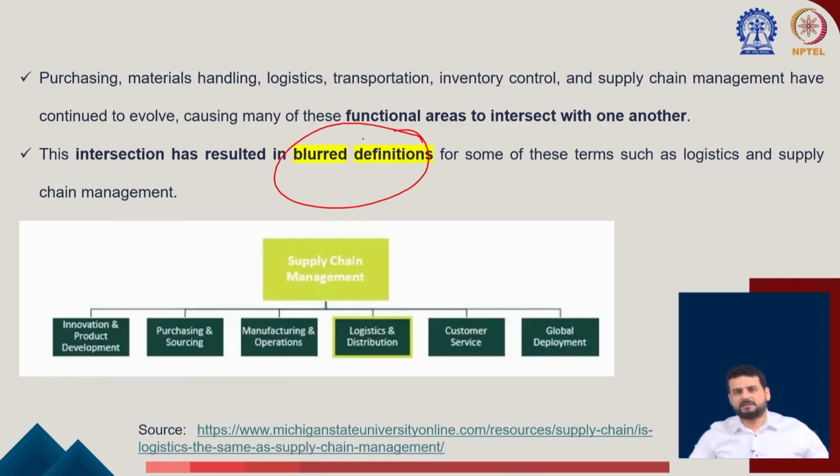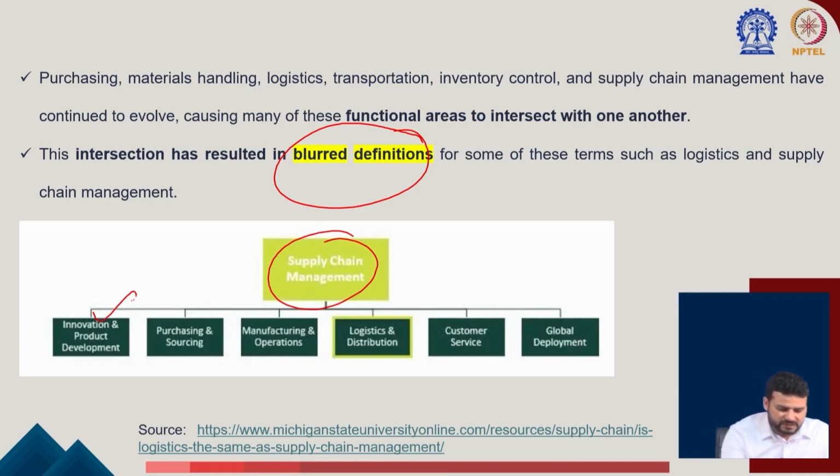There is no difference between logistics and supply chain management. But yes, if you talk about supply chain management, like I told you, product innovation and development is one part, purchasing and sourcing. We were talking about the shifting of raw material from the suppliers to the manufacturer, but how will you decide that this much quantity we are going to purchase from vendor A, B, C, right?